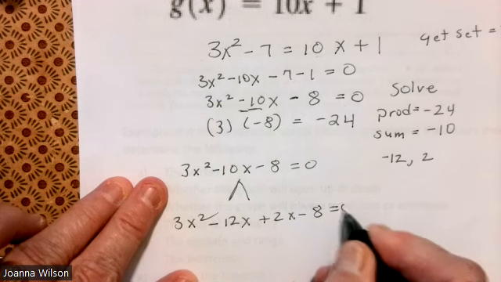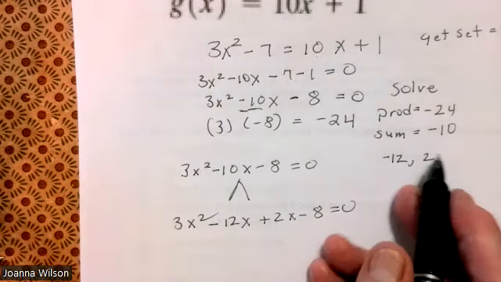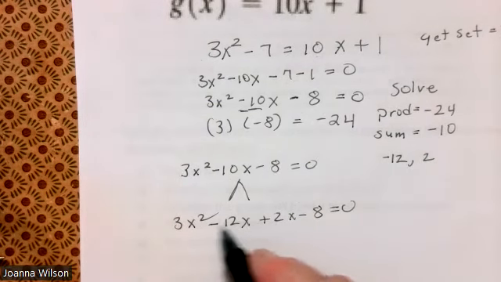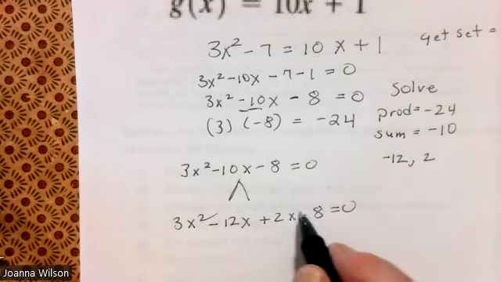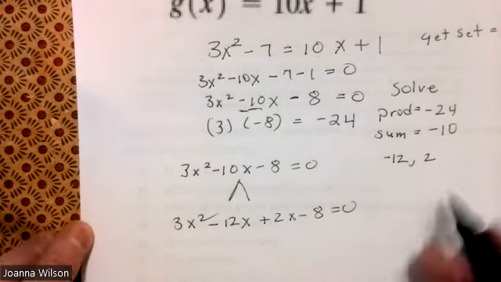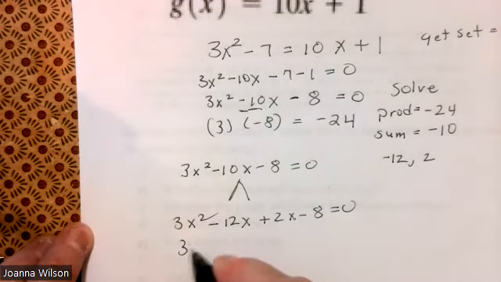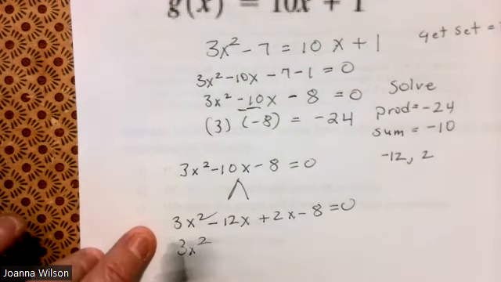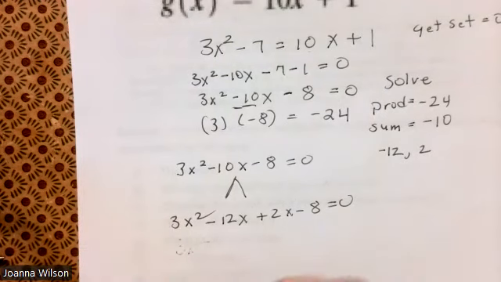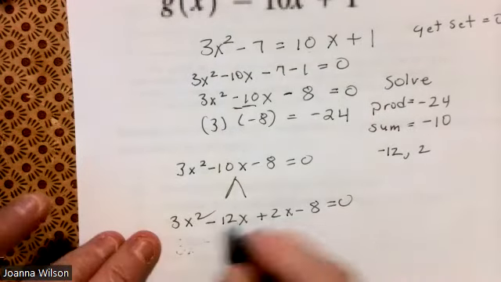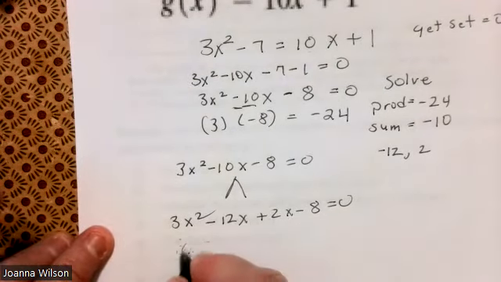And if you have one negative and one positive, if you write the negative first, you won't have to worry about changing the sign in the middle here. But of course, both numbers could be negative, so then you'd have to. Oh, and then I want to factor by grouping. Okay, so I've got it set up to factor by grouping. So I'm going to group these two terms together.